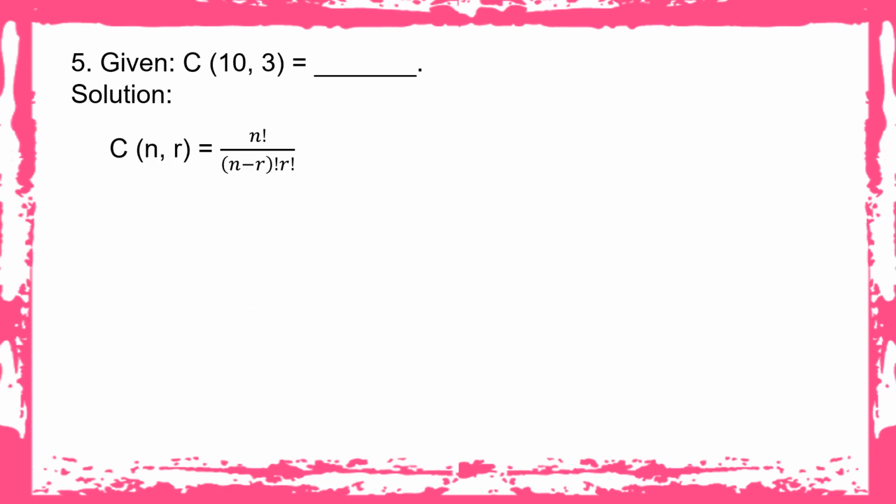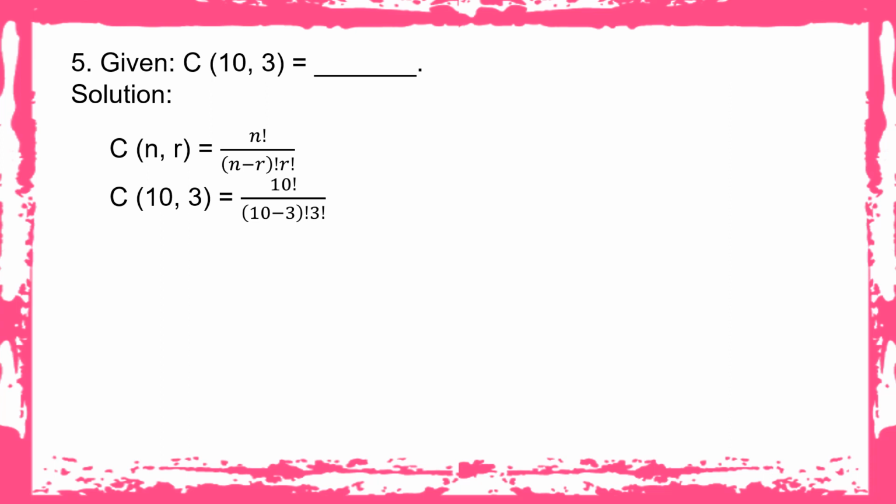Solution, of course, we need to use the formula of combination, and again, the formula for combination is combination of n and r is equal to n factorial over the difference of n and r factorial multiplied by r factorial. So by substitution, we have 10 factorial over 10 minus 3 factorial multiplied by 3 factorial.